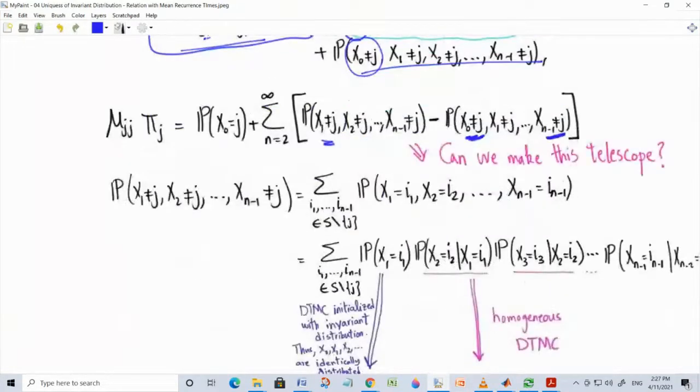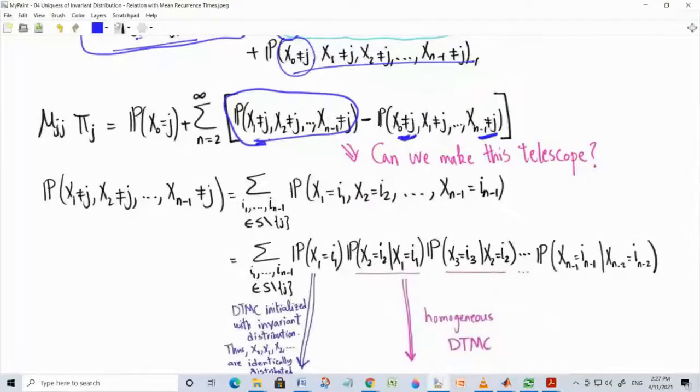So here's the trick. Let's focus on this one here. It can be written as a summation in which x1, x2 up to xn minus 1 take all possible values except j. So x1 is not equal to j is equivalent to x1 being any state from the state space except j.